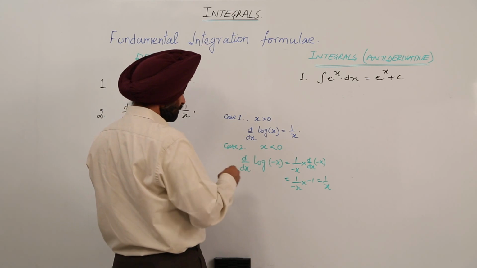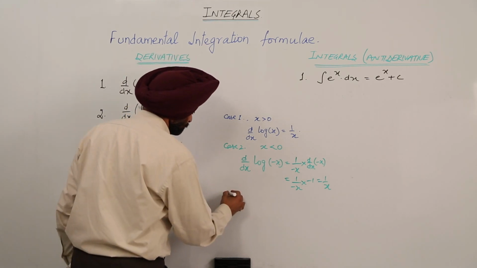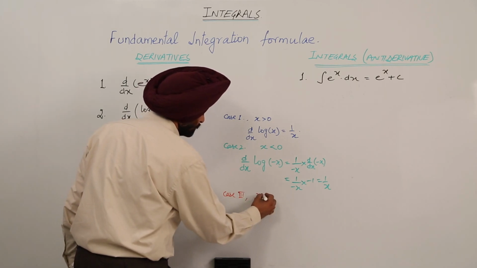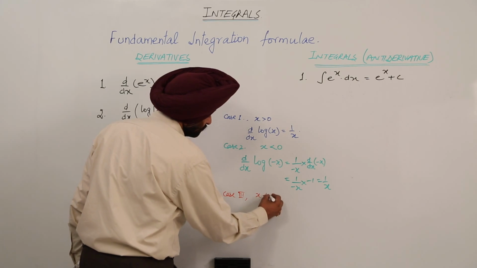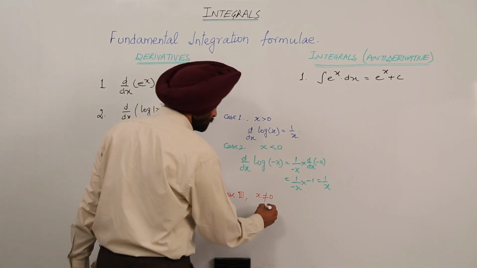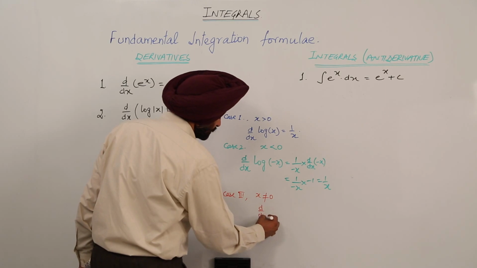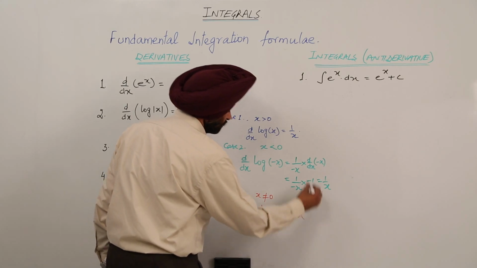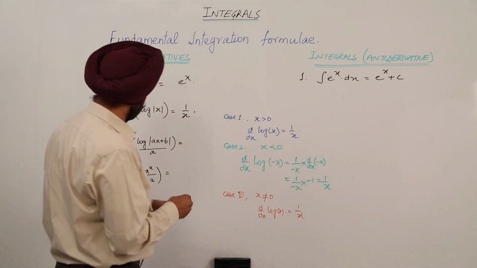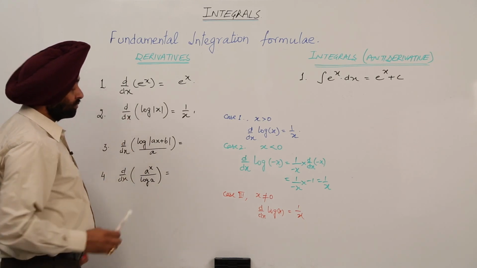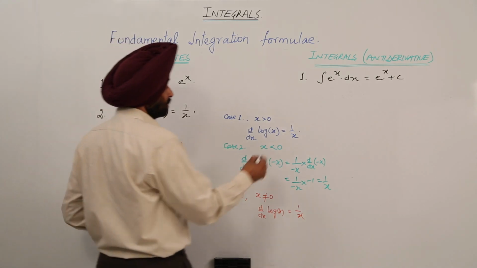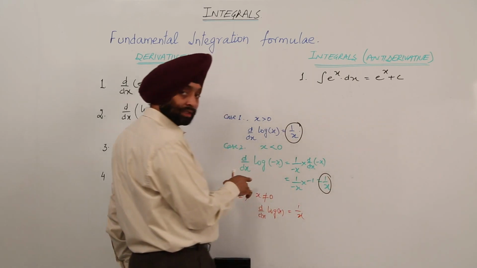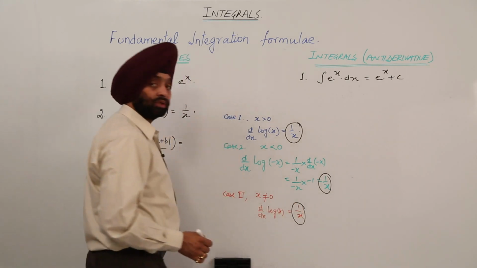And case 3. Case 3 is what? x is not equal to 0. When x is not equal to 0, then d by dx of log x is equal to 1 upon x. So for a single formula we are having d by dx of log mod x is equal to 1 upon x for x greater than 0, x less than 0, x not equal to 0.